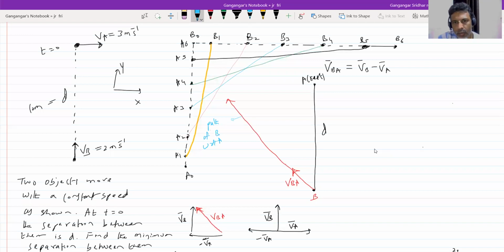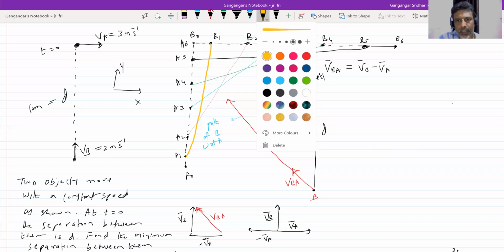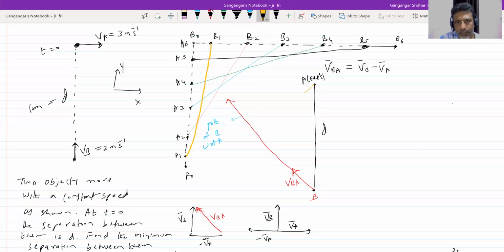Then what will happen to person B when he starts moving like this, or the object starts moving like this? A will appear to move, but practically it's B that is moving. Now I'll go for the distance here. I'll drop a perpendicular. Call this M. This is the minimum distance.